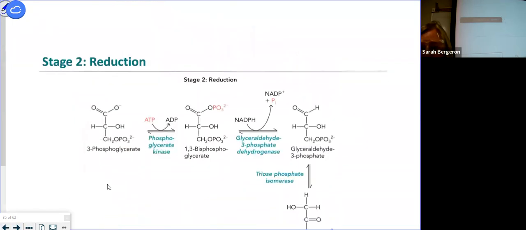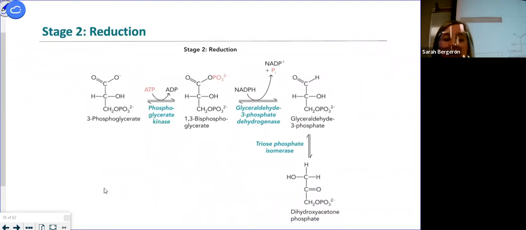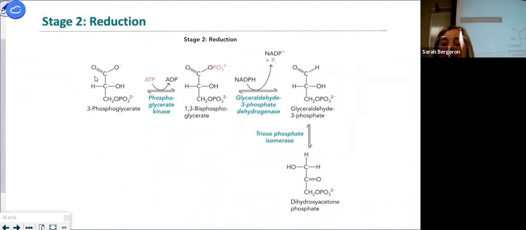Okay. So now we have to go through reduction. So now we've just got our 3 carbon molecules. This is going to take an investment not only of ATP in order to phosphorylate our 3-phosphoglycerate, but also we need our NADPH here to undergo a dehydrogenase reaction. So you're going to have both of those investments in the reduction phase.